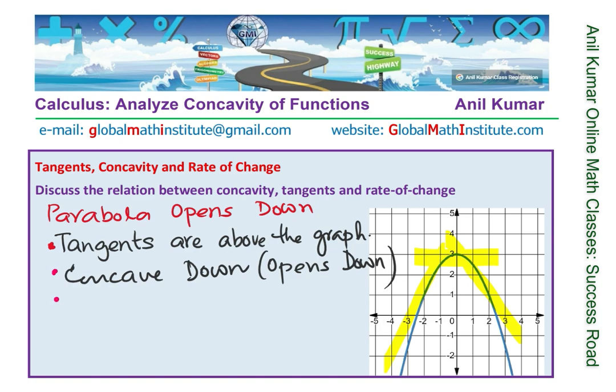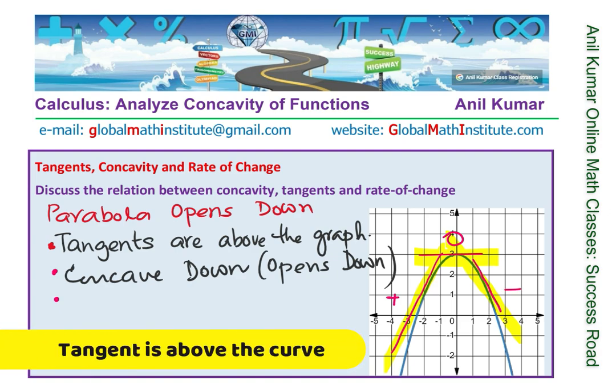What is happening to rate of change as we move from left to right? Well, if I draw a tangent on this side, it has a positive slope, right? Then it becomes 0, and then it becomes negative. So it changes from a high positive to low positive, 0 to low negative, and very high negative, right?